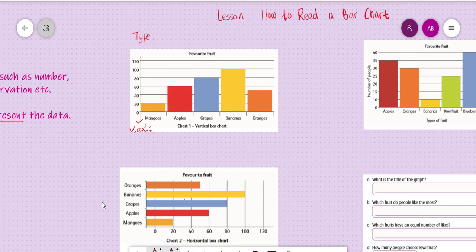And the one that lies down is the horizontal axis. When you see that the information is represented in horizontal and the frequency, this number, is called frequency, everyone. And this means that it is a vertical bar chart.